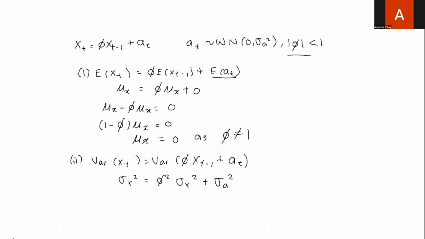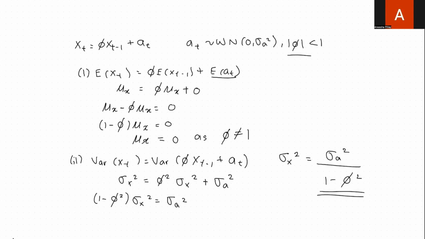Now, when I group the variance of x together, it would become (1 minus phi square) sigma_x square equal to sigma_a square. So to find my variance, it would be sigma_a square over 1 minus phi square. So this is how you can determine the mean and the variance in this case.